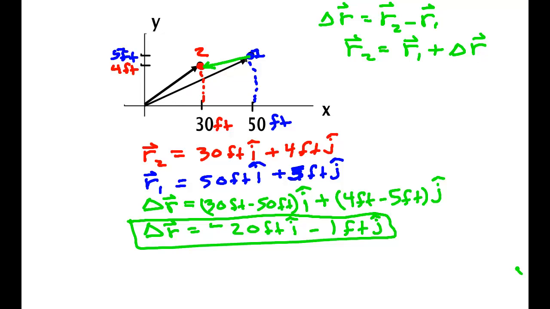There's R1, you add delta R to it, and you get R2. This is vector addition. So the displacement vector is the vector you have to add to the initial position vector in order to get to the final vector. So if you don't like to think about it as subtracting, you can rearrange it so that you think about it as vector addition.